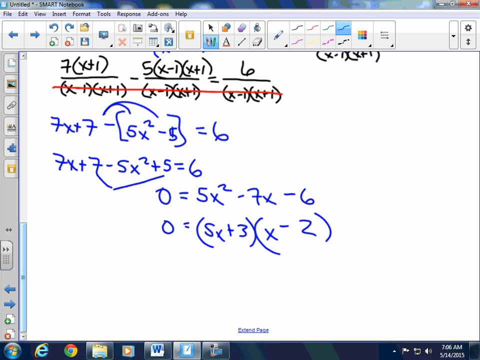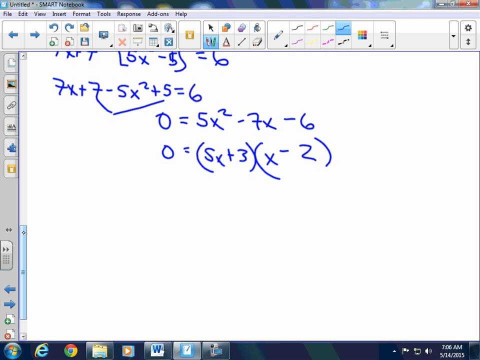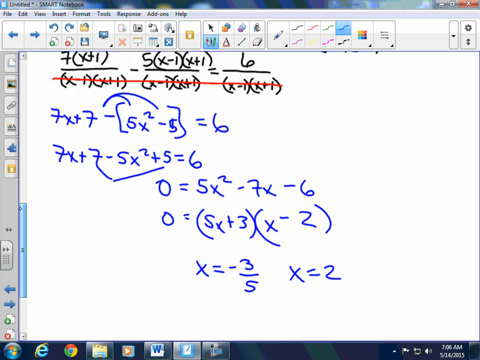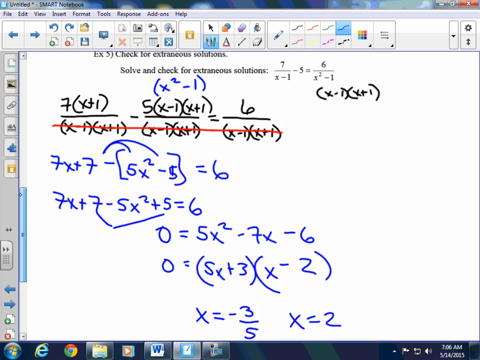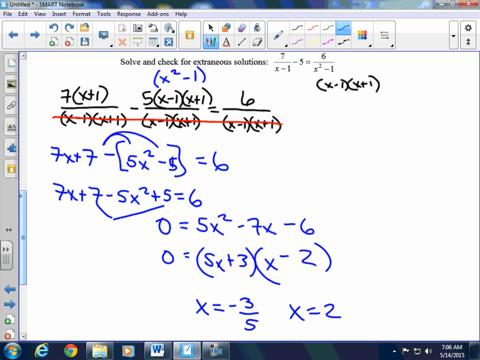There are our factors. Well, if we solve it, we're really going to get x equals negative 3/5 here and x equals 2 here. So what we have to do is take those numbers now and plug them back in to your original equations.